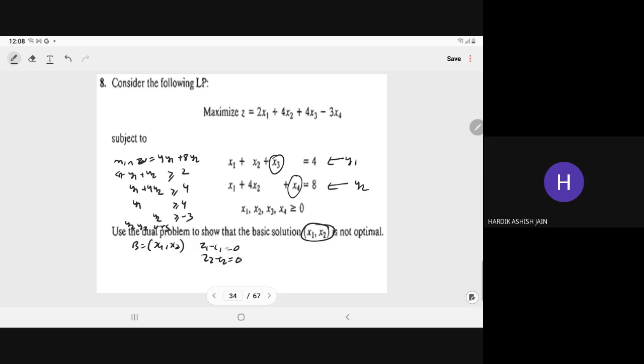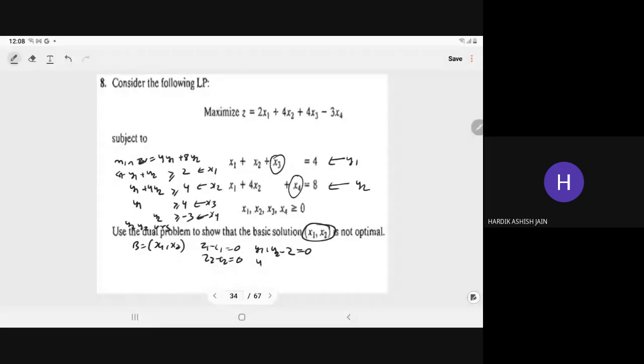Then only they will be basic variables. This constraint corresponds to x1, this to x2, this to x3, and this to x4. So zj minus cj, through the dual constraint, we can write as left minus right. So this will become y1 plus y2 minus 2, and we know that zj minus cj is always 0 for the basic variable.